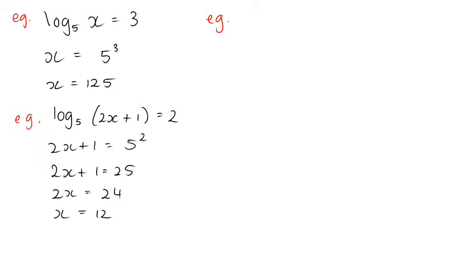Okay, next one, we've got log base 2 of 2x plus 1 minus log base 2 of x minus 1 equals 4. Which rule will this use? Log minus log. Oh, the second one. Yeah, rule 2.